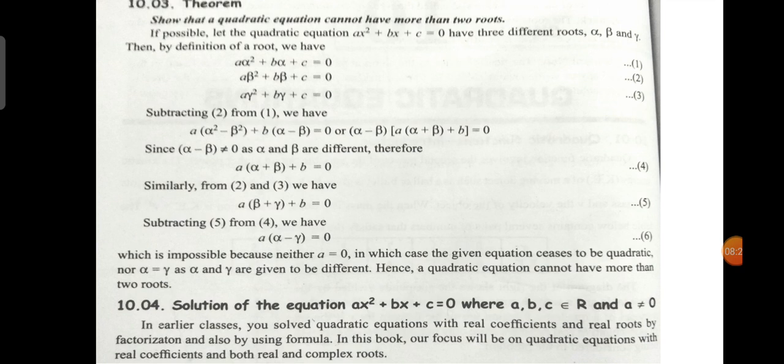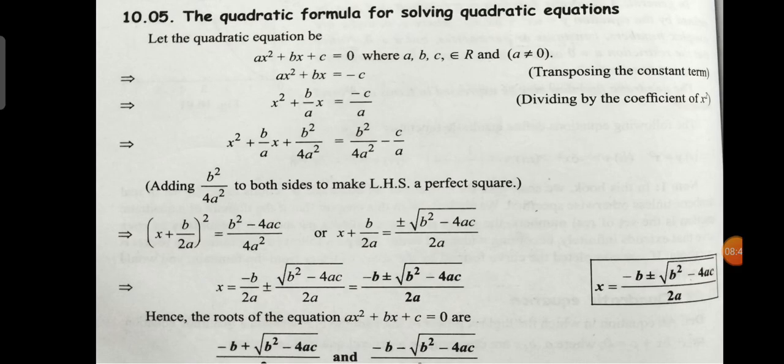Next is the solution of the equation ax square plus bx plus c equal to 0, a not equal to 0, where a, b, c are constants belonging to R. R is real numbers, the set of real numbers is capital R. For solving a quadratic equation there is a quadratic formula. You have studied it in previous classes. So what is that formula?